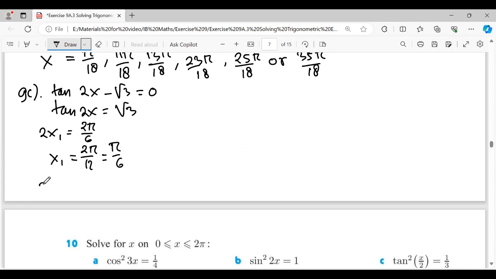After that, 2x2 is 8 pi over 6. So x2 is 8 pi over 12, divided by 4, 2/3.